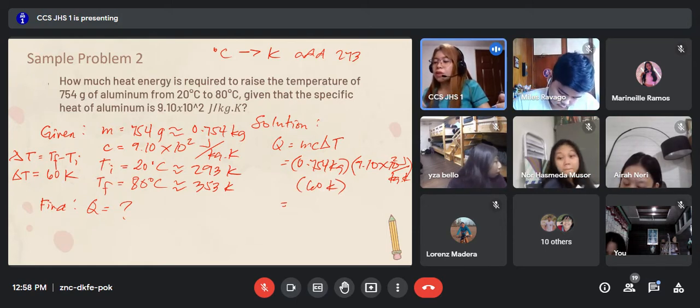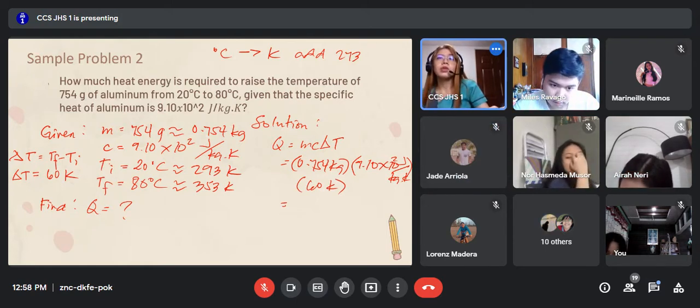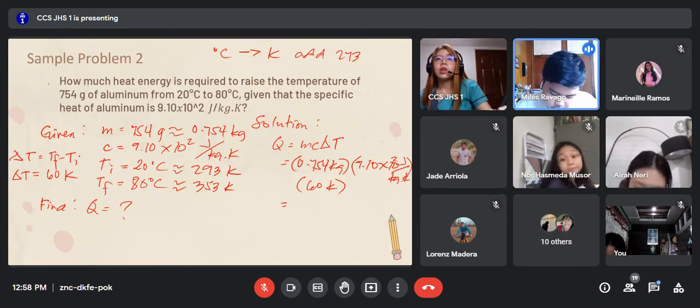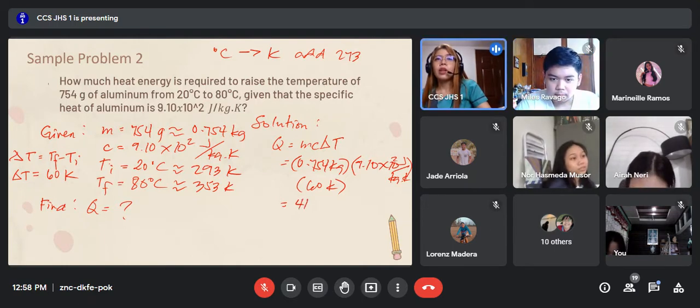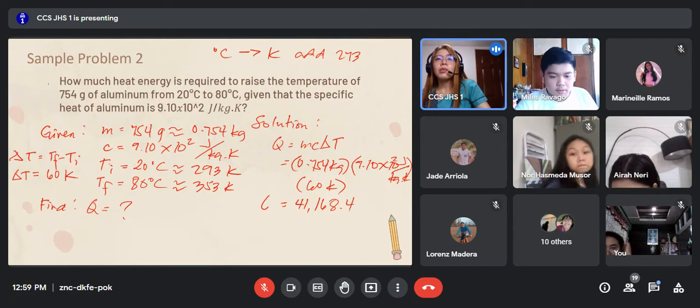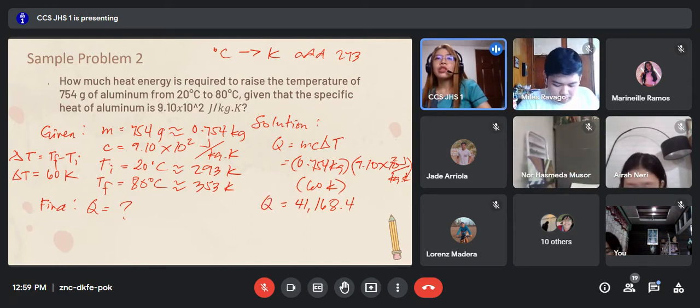What is your final answer? 41,168.4. Kelvin cancels out and kilogram cancels out. So the remaining unit is?